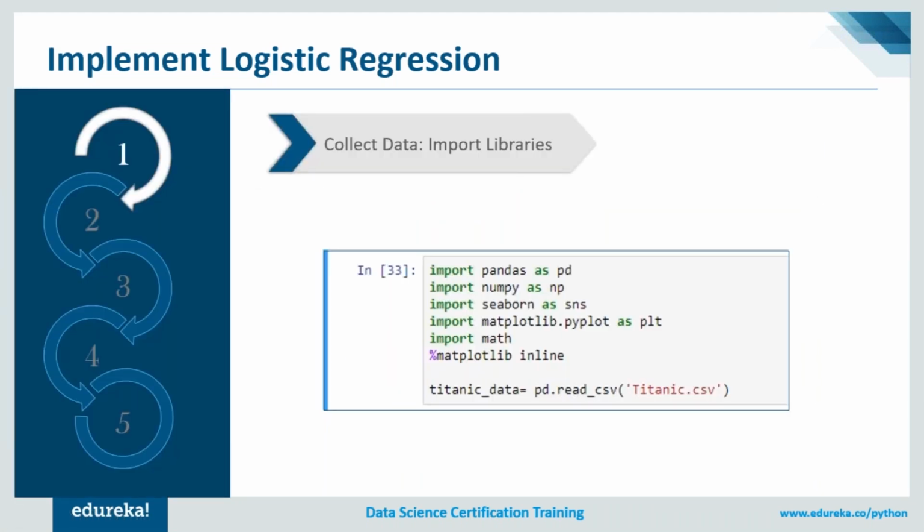Okay, let's try to see a simple example where we will talk about the survival rate in the Titanic ship. We basically have a large data set, and we all know that the Titanic was one of the famous ships in its time, which did sink in its maiden travel, and it had a large quantity of people on board.